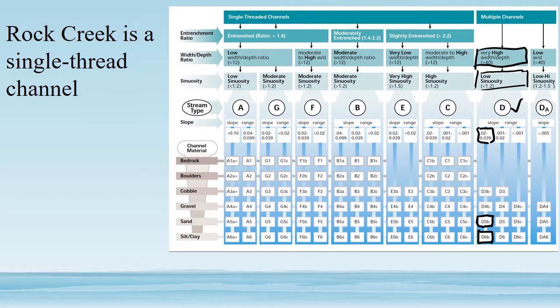If you see this Rosgen single thread, it helped me to know this channel is a multiple channel river with very high width to depth ratio, which is less than 40, and the low sinuosity is less than 1.2, and this river is a type D river, and that's why the slope is 0.0 to 0.039.